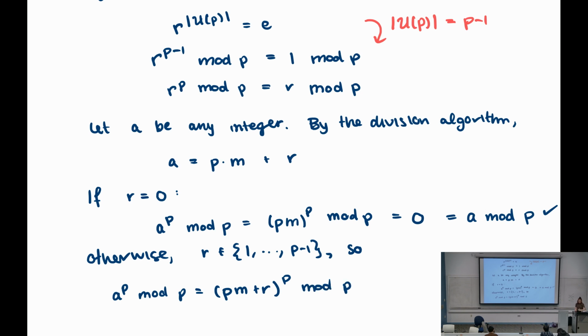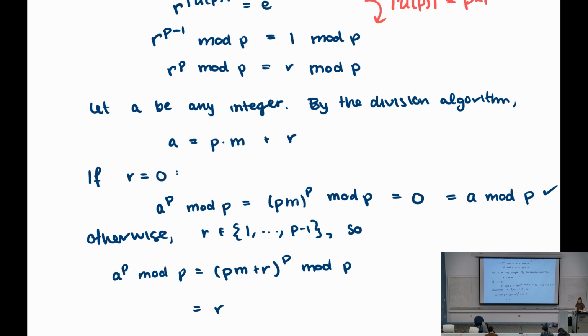And then this is just equal to r to the p mod p. Why is that? Because if I were to take this product, every term that has a p in it will be killed by modding by p. So all of those will be 0. And so the only term that survives is this r to the p.